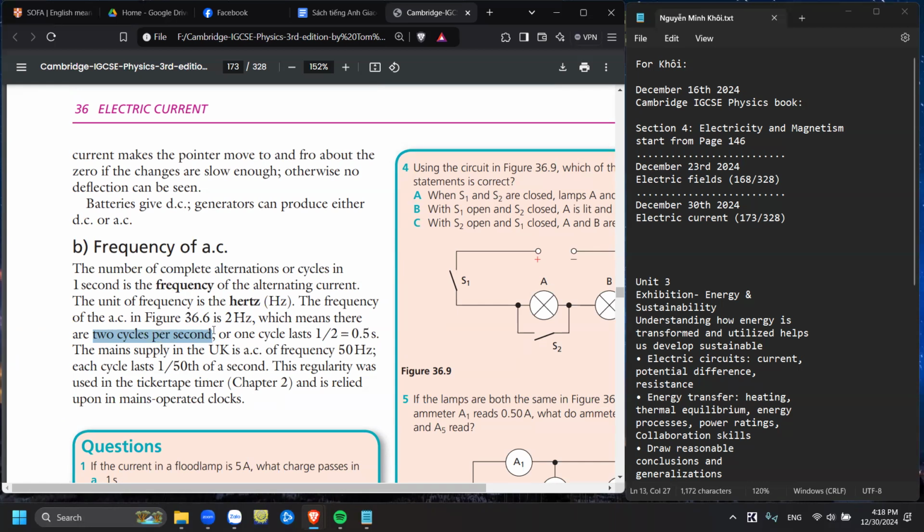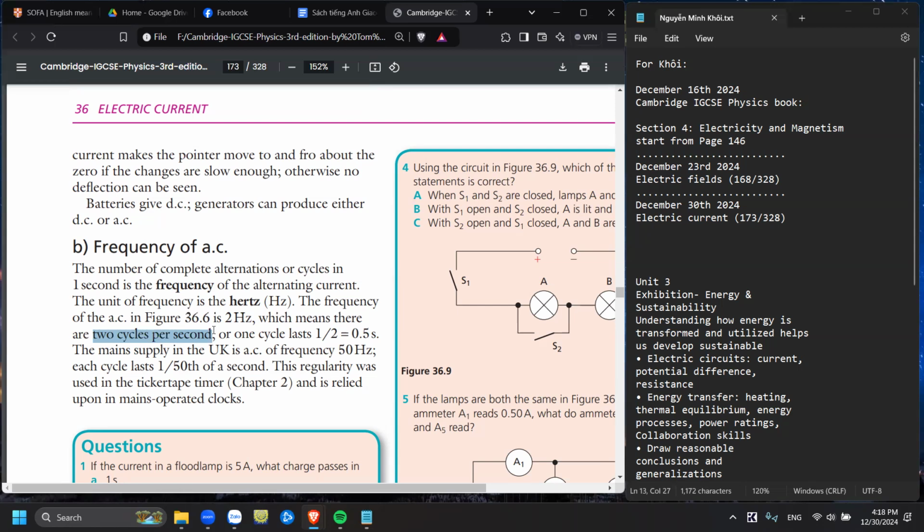Let's just say that you ride a bicycle, and in 1 second there is one revolution of the wheel, or the wheel revolves one time. So your frequency is one hertz.